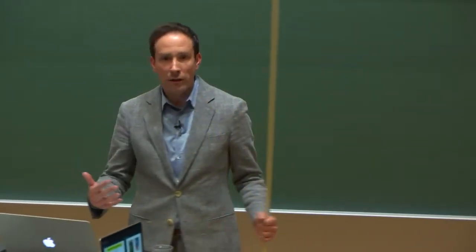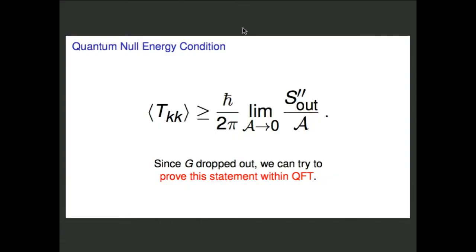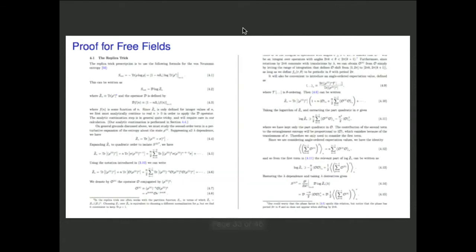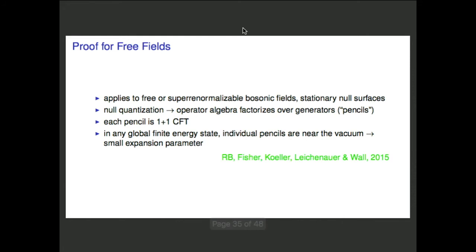It's just that we hadn't thought of trying to do that because we didn't know the statement. Right? But there's no G Newton in here anymore. And we think we sort of understand quantum field theory. So we try to do that, and you get 20 pages like this just doing it for free bosonic fields. But it is possible. Okay.